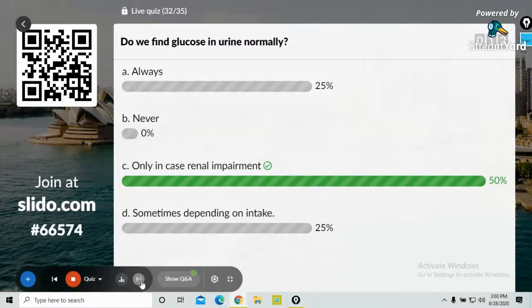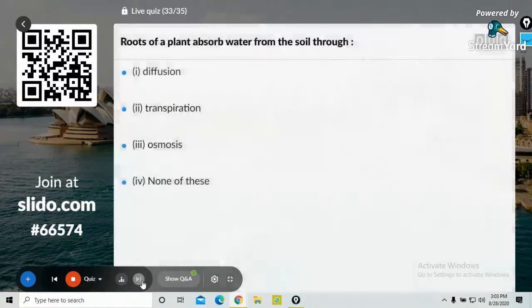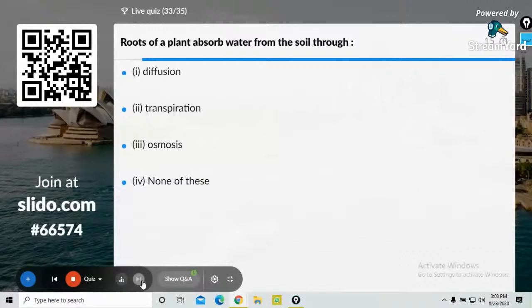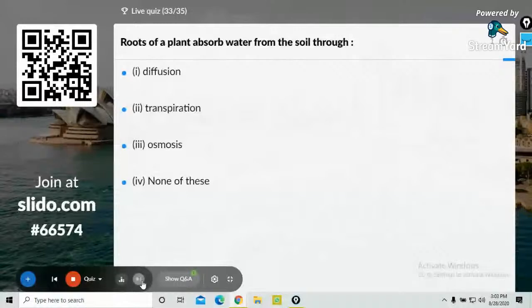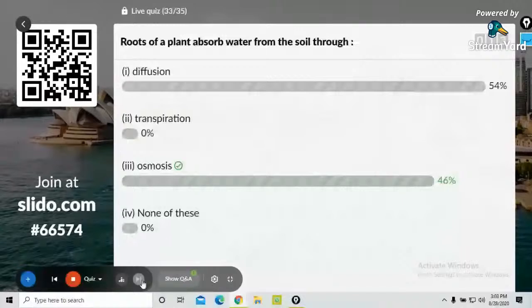Next one on the screen. Roots of plants absorb water from the soil through the process called diffusion, transpiration, osmosis, none of these. Yes, it is osmosis, endosmosis.